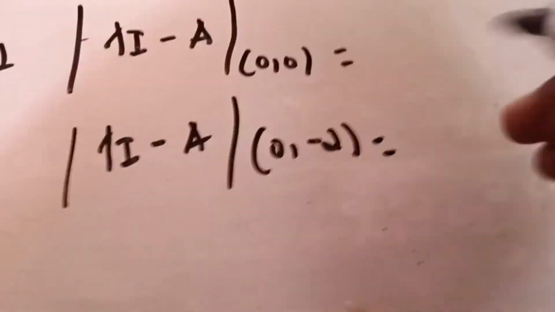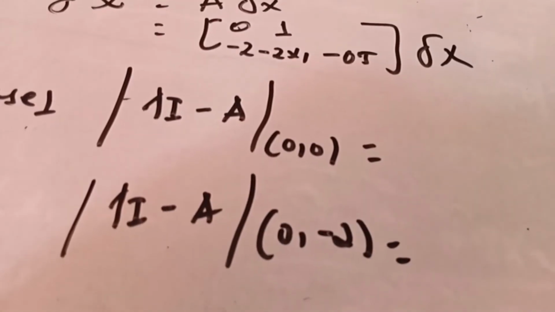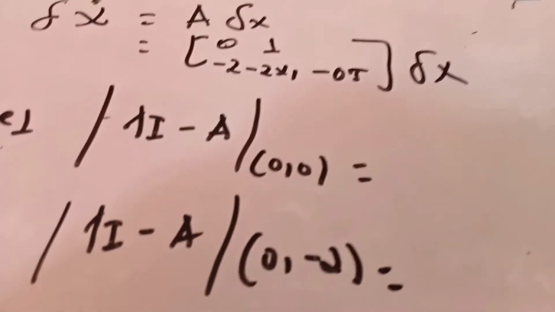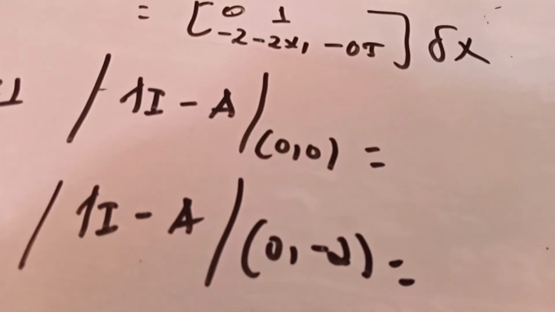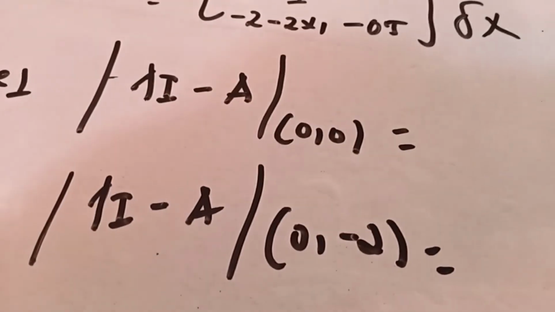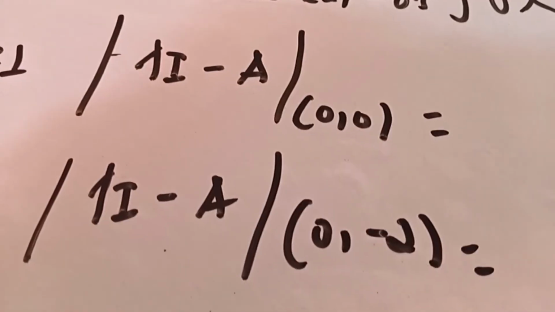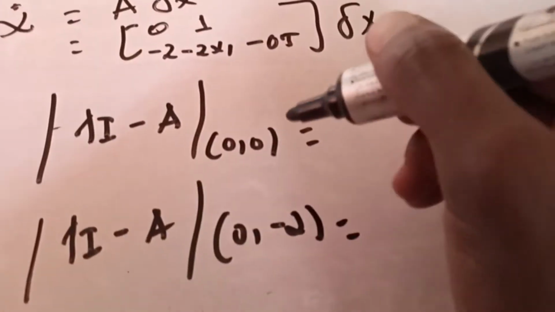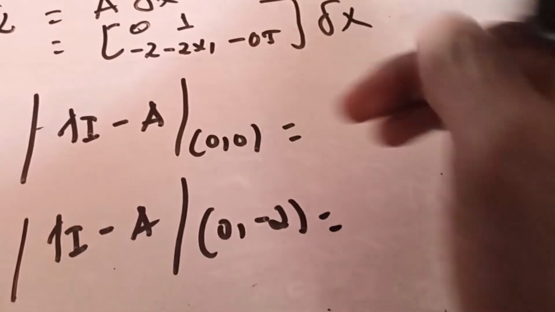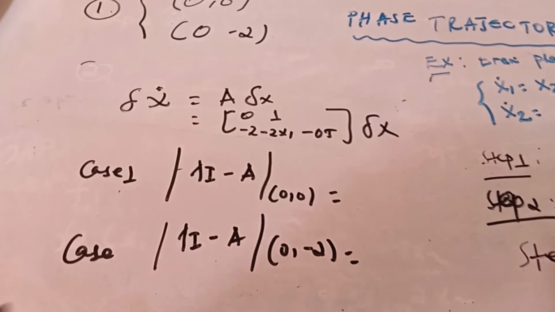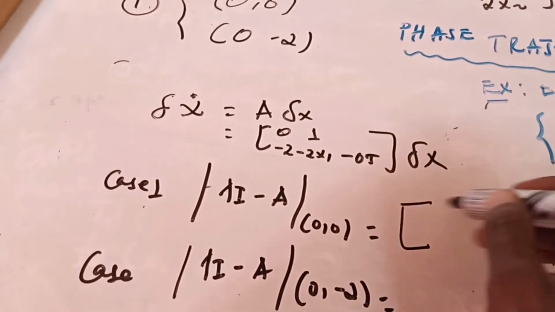So in both cases, for the 0, 0 case, we find lambda 2 minus 1. For this case, we have to insert it because it is long, and we got some equation in here.